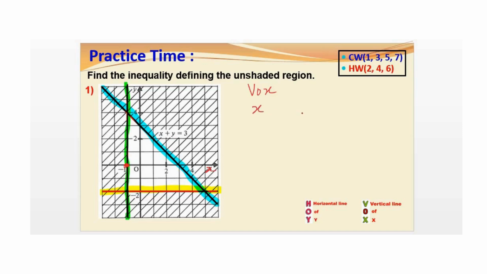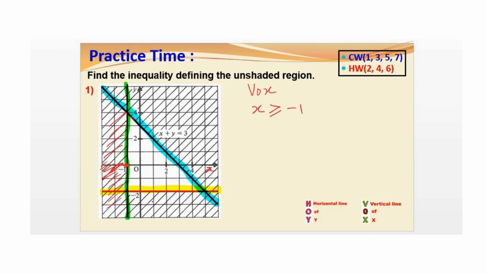So I have to connect x and -1. How will I decide? From here you can see the lower values of x are shaded, and all the greater values on the right side are unshaded. That's why x is greater than or equal to -1. Why is it greater than or equal to? Because it's a solid line.